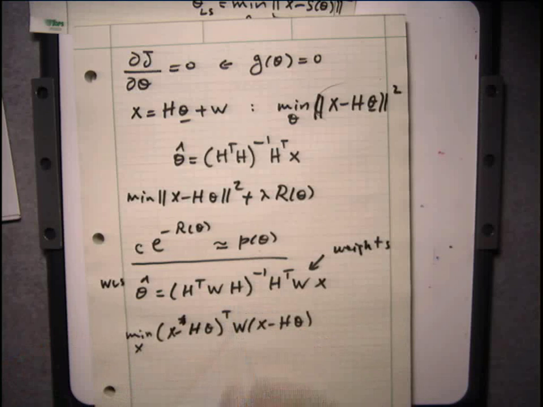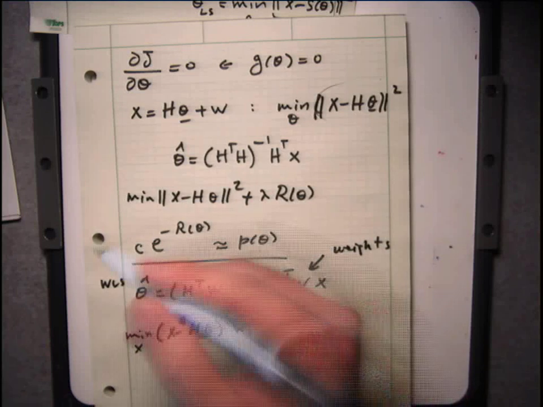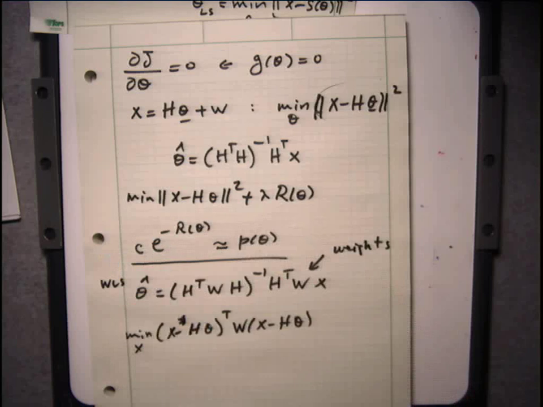Another role that this W can play is that if the noise has a covariance C, then the cost that you're going to minimize would have a C inverse in here. So this W can play exactly the role of the inverse covariance matrix, and you get the same answer.